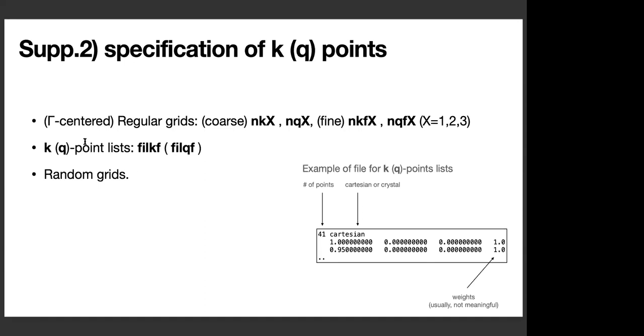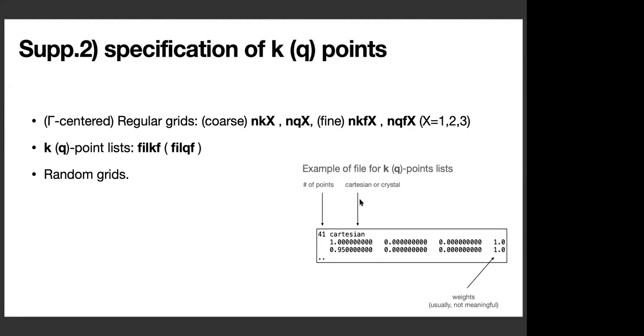The second one corresponds to the explicit inclusion of a k and q point list using an additional file. This is one example, and both cases have the same format. The first line has two fields. The first field corresponds to the number of k or q points, and the second field corresponds to the unit.